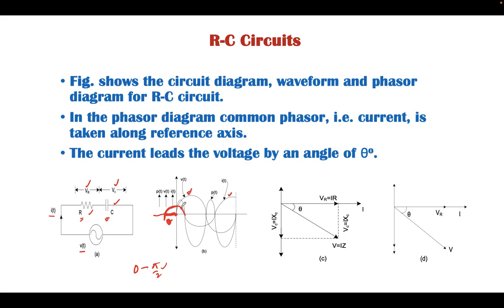Now at this instant, this is voltage, this is current. Considering the product of current and voltage, both are positive, so the power will be positive. For this instant, this is power. Now after this instant, the voltage is positive whereas the current becomes negative. The resultant power, this is p, will be negative. This is the instantaneous value of p.